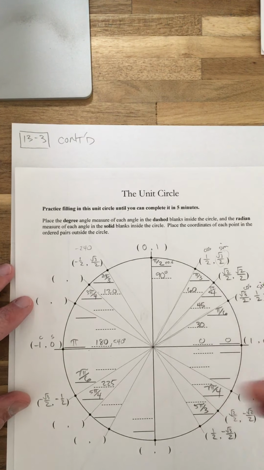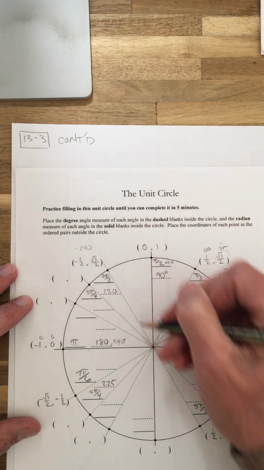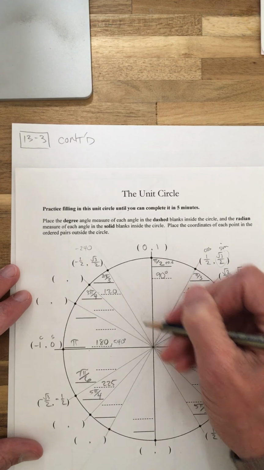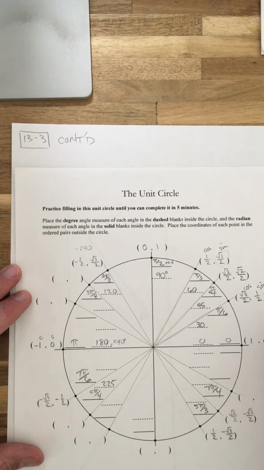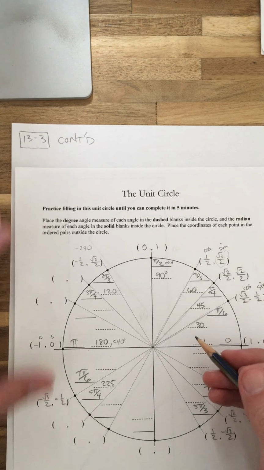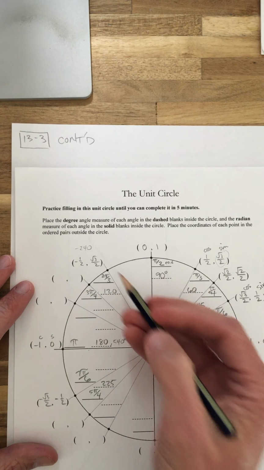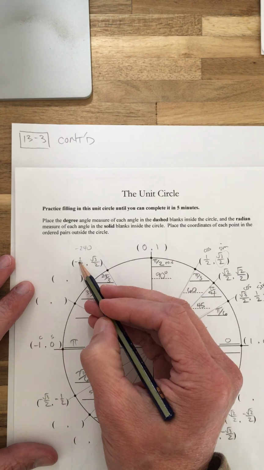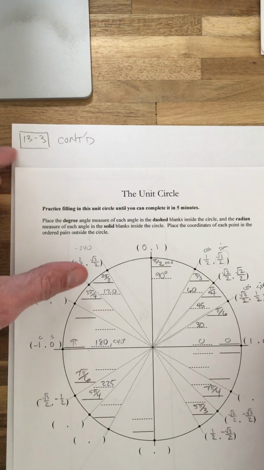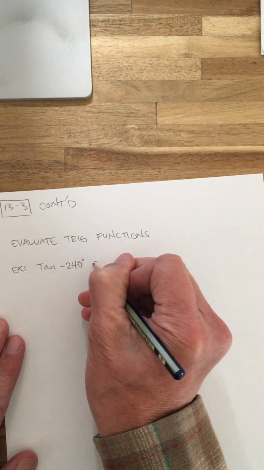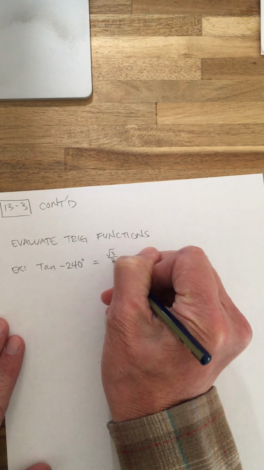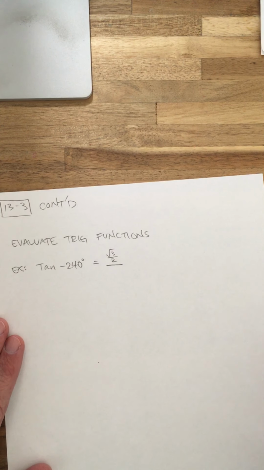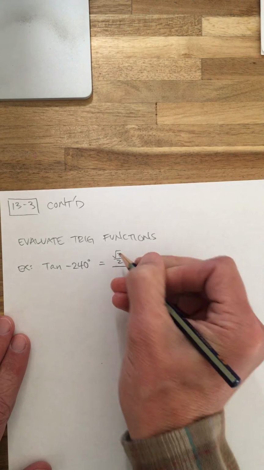So we're looking at this angle right here, which is coterminal with 120 degrees, whose reference angle would be 60 degrees. But if all I want is the tangent, remember the tangent is the sine over the cosine. So the tangent of negative 240 is going to equal the sine over the cosine, so that's radical 3 over 2 over the cosine, which is negative 1/2.